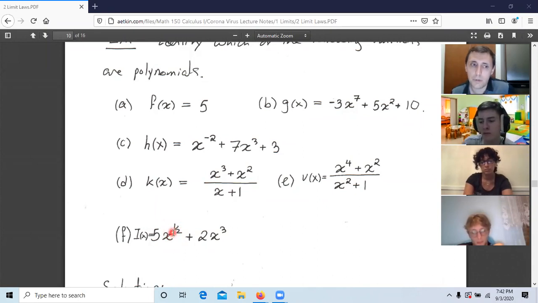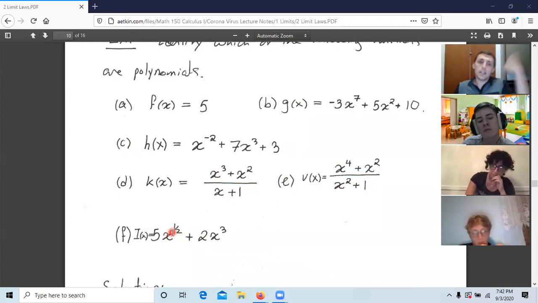We don't really understand how to carry out square roots. Besides, what is the square root? It's defined as the unique positive number that when multiplied by itself gives you the input, right? So for example, the square root of 25 is 5, because if you take 5 and multiply by itself, you get 25. So it's really guessing in reverse. I will tell you that f is not a polynomial, but the question is why?